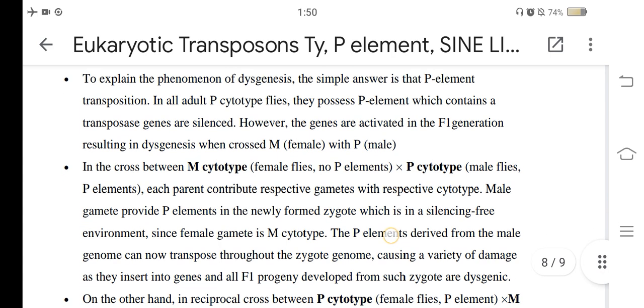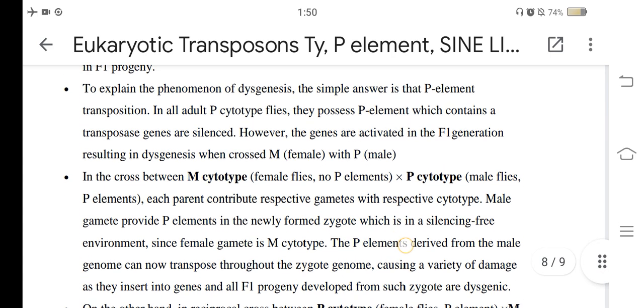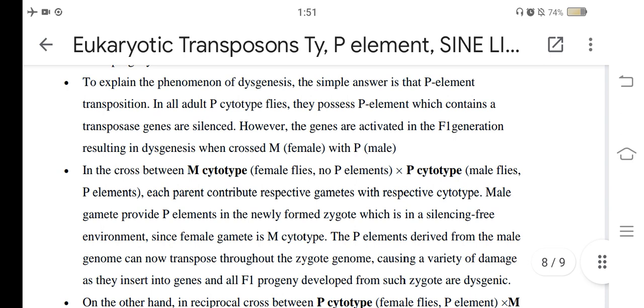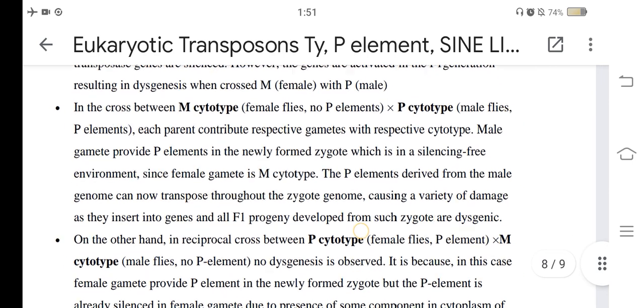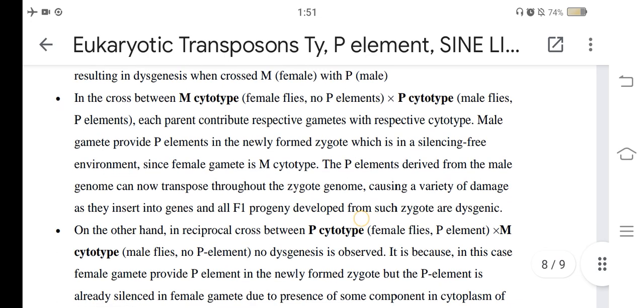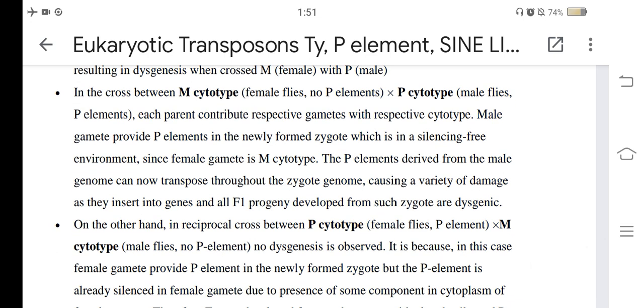To explain the phenomenon of dysgenesis, a simple answer is P element transposition. In normal adult P cytotype flies, they possess P elements which contain a transposase gene that is silenced. However, the genes are activated in the F1 generation, resulting in dysgenesis when M is crossed with P, female with male. In the cross between M cytotype female flies, with no P elements, and P cytotype male flies, with P elements, each parent contributes its respective gametes with its respective cytotype.